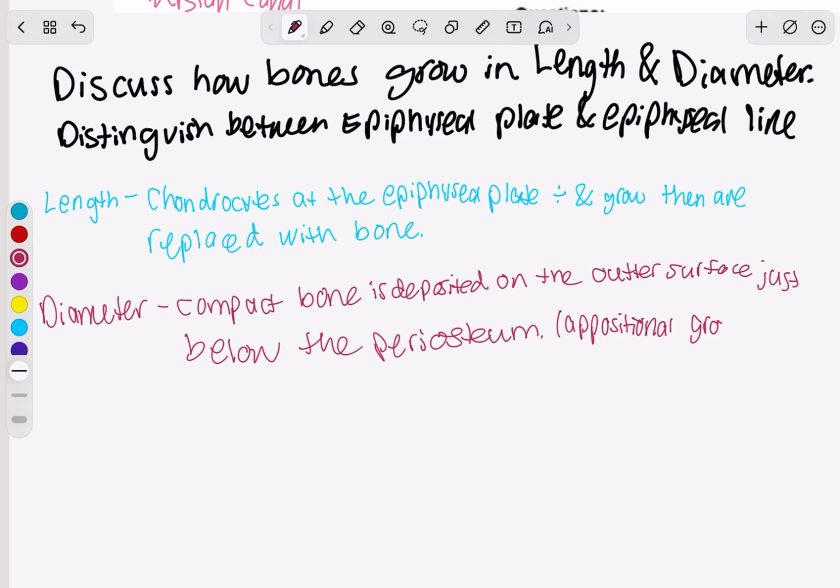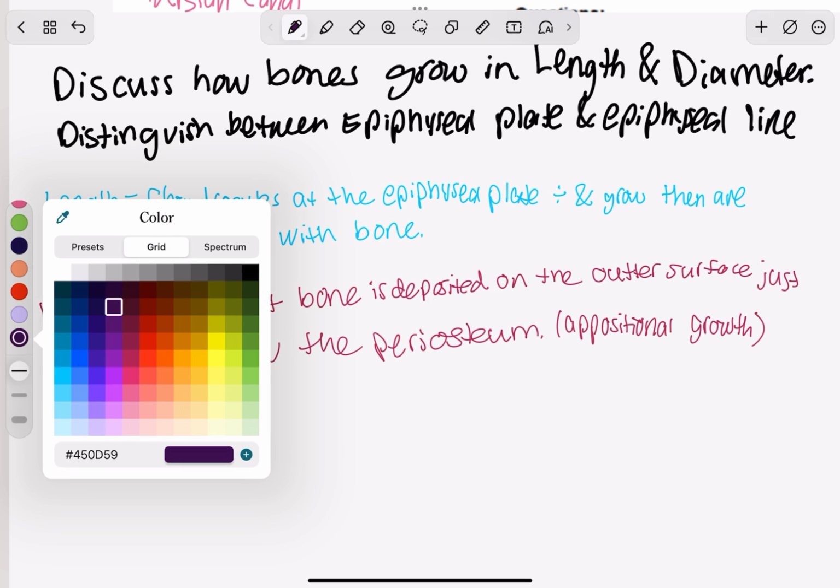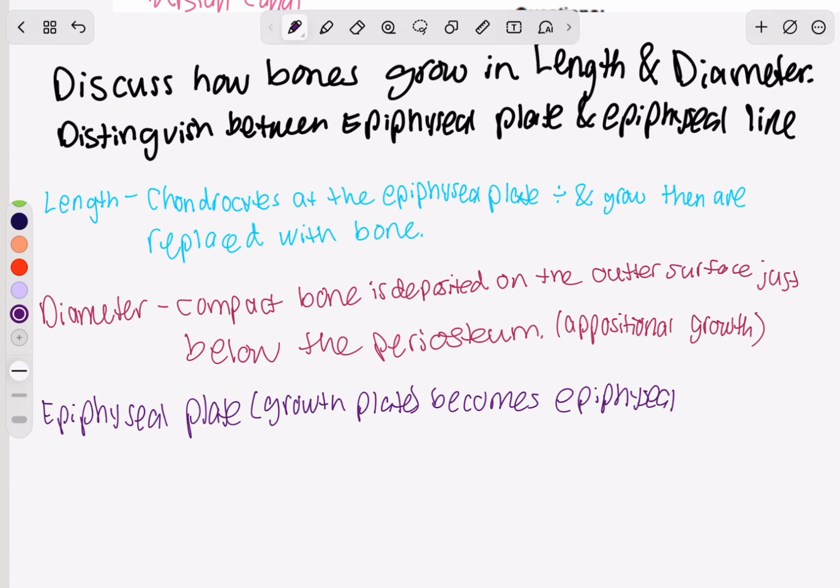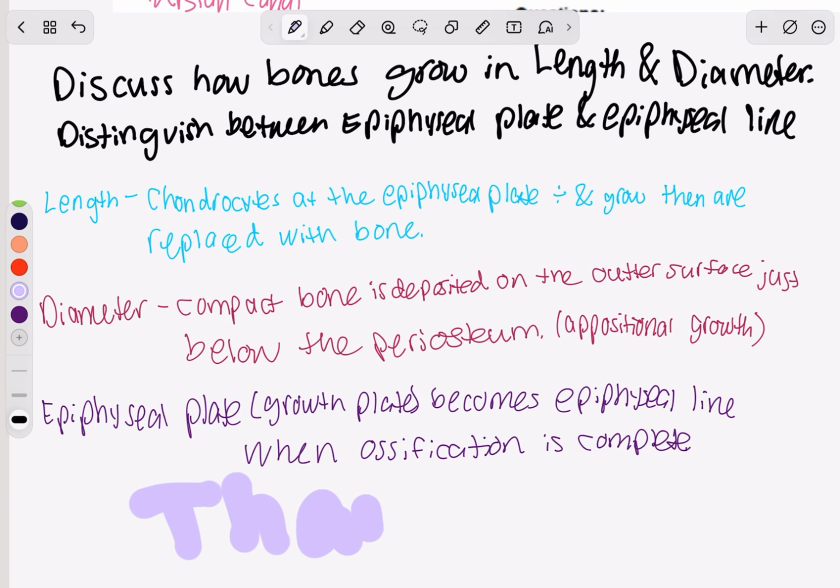And this is appositional growth. Epiphyseal plate, which is also your growth plate, becomes epiphyseal line when ossification is complete. And that's it.